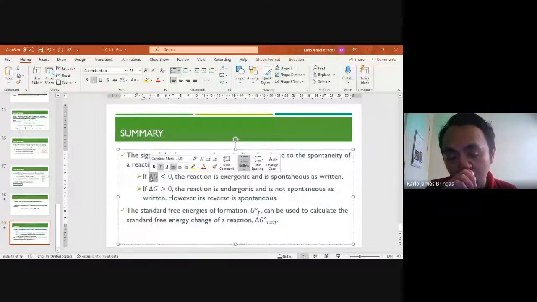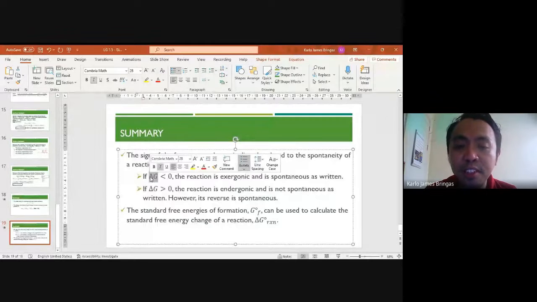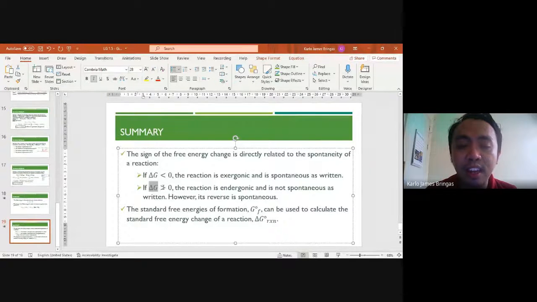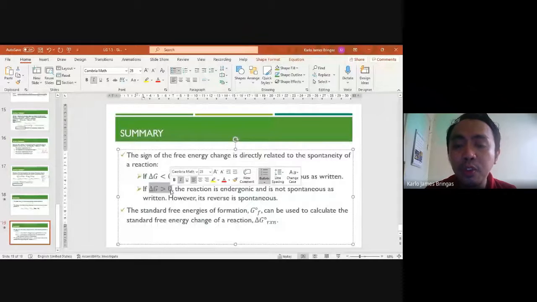So sabi dito, if the delta G for the system is less than 0, the reaction is exergonic and it is spontaneous as written. However, if the delta G is positive in sign, you now have an endergonic reaction. That is to say, it is not spontaneous as it is written. However, the reverse reaction is actually spontaneous.